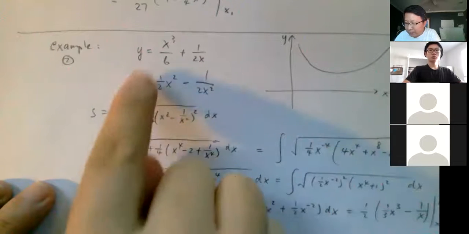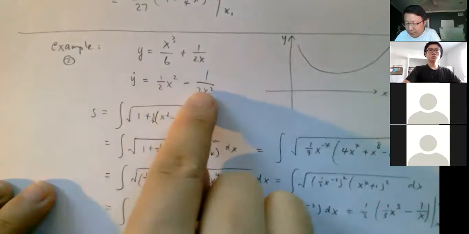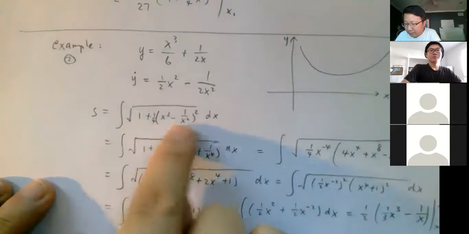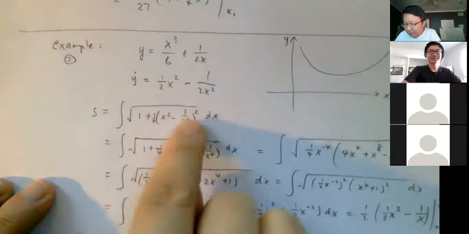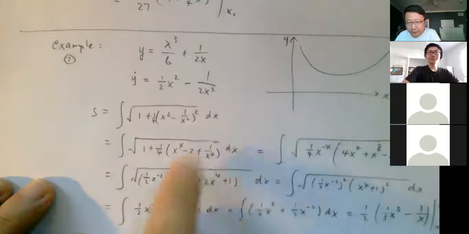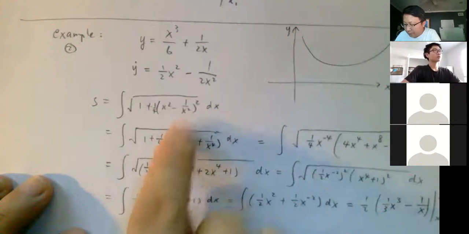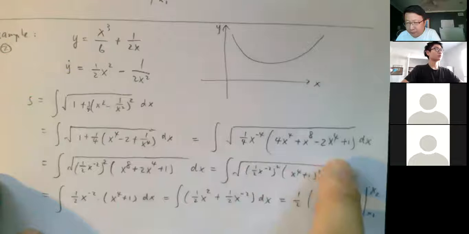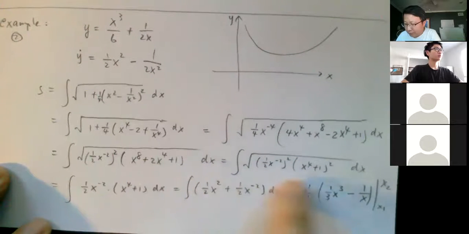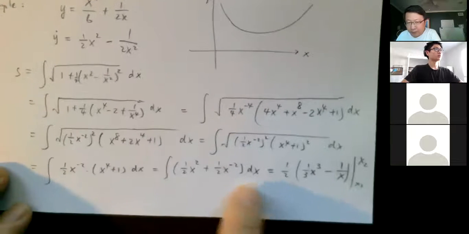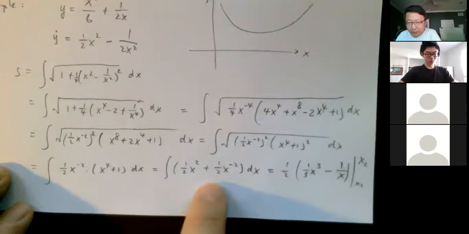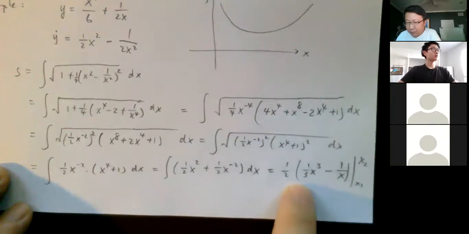So this one's derivative becomes here. It's easy. Then you integrate according to the formula, the integral of this whole thing squared in dx, and then you open it up, do this, and just continue to do the treatment. Eventually you get this integral, which you can do.